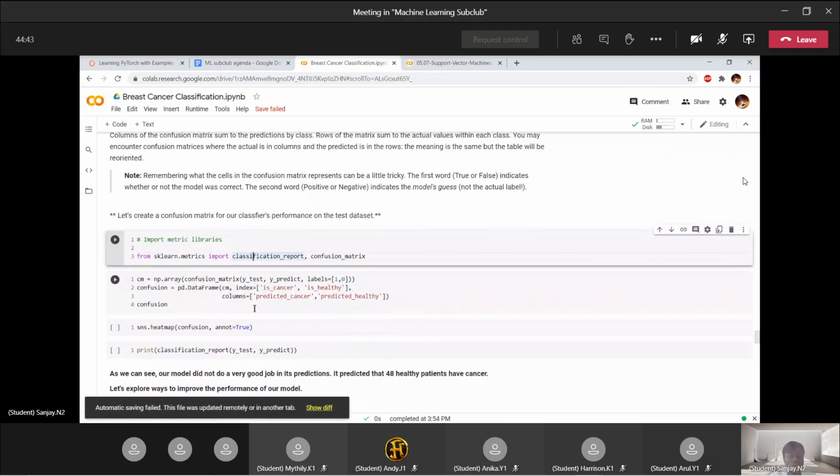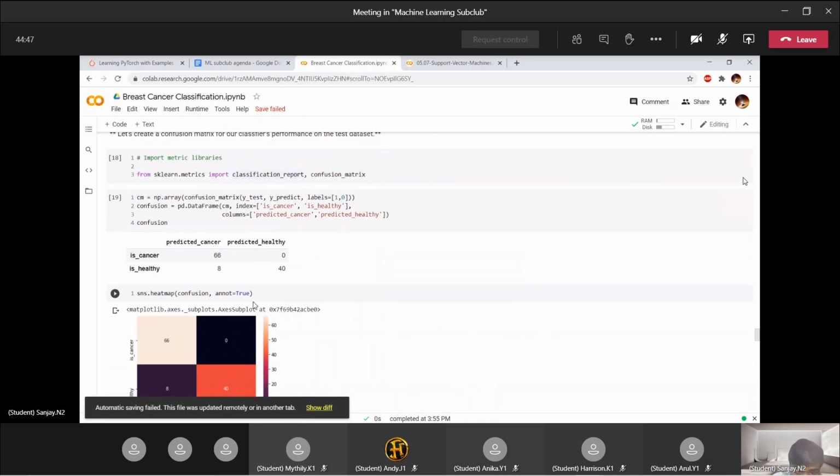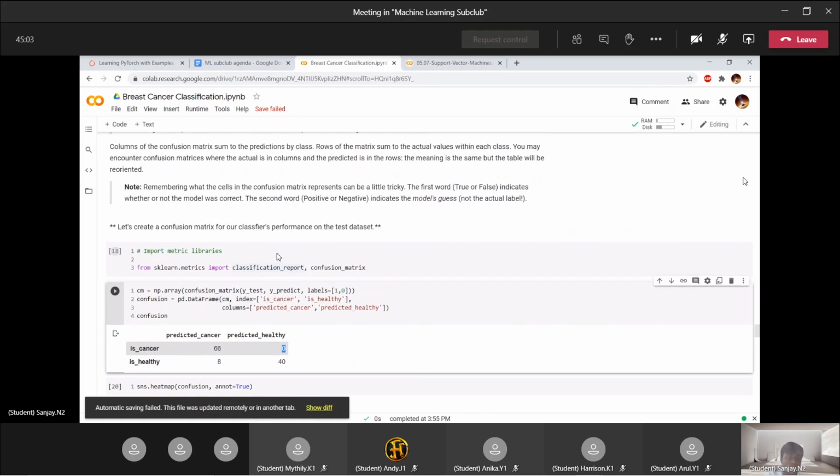So here we make the confusion matrix, and we see that we're actually doing pretty good, right? Only 8 samples have been misidentified. So out of the 114, 8 of them were incorrect.